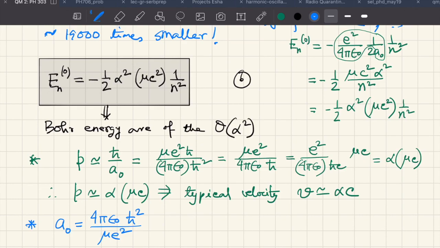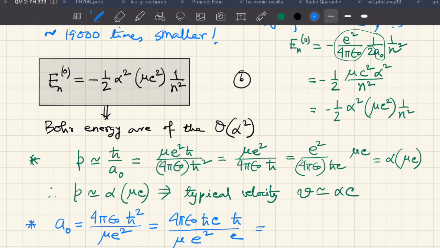The approximation that was done, I have simply described it at the very beginning of this lecture. So this you can write as 4 pi epsilon naught h bar into c, and there is another h bar, and in the denominator let us write it as mu times e squared and another c to cancel the c in the numerator.